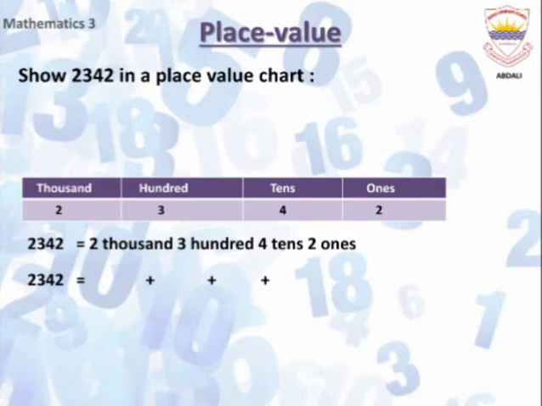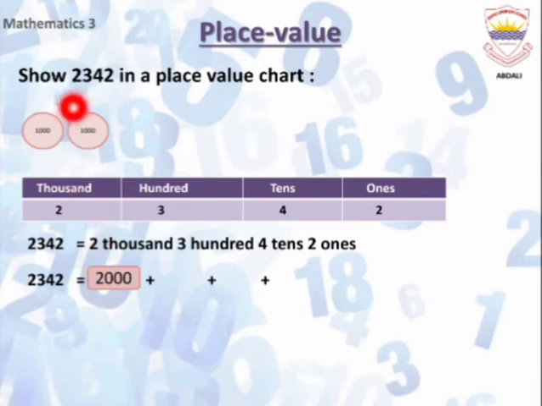Now we write it in value form and we show this value with the help of number discs. Here 2 number discs, pink discs, are shown, and each pink disc is of 1000. These 2 number discs make 2000, and we write 2000 after 2 in the question.